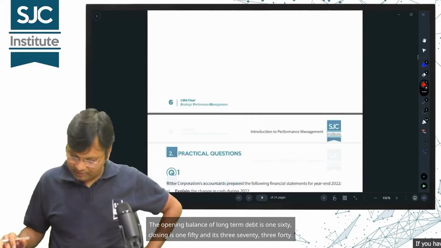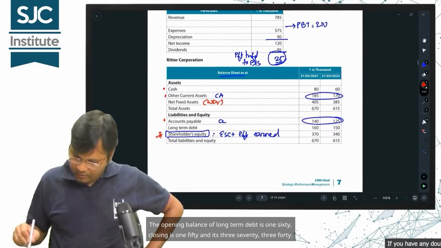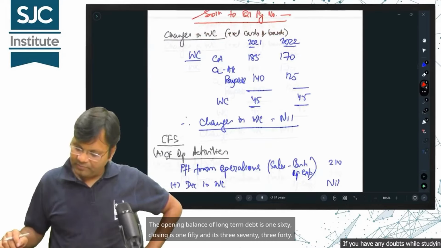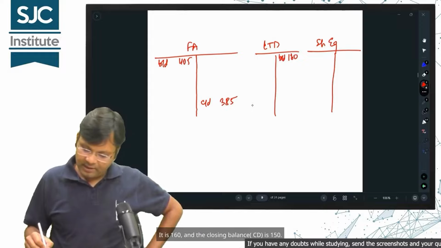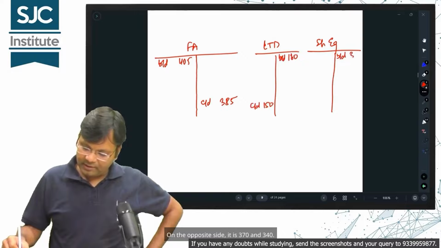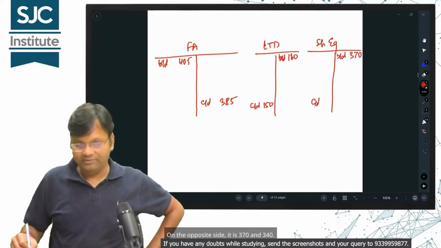The opening balance of long-term debt is 160, closing is 150, and it's 370, 340. What is its opening balance, BD? It is 160 and the closing balance, CD, is 150. On the opposite side, it is 370 and 340.